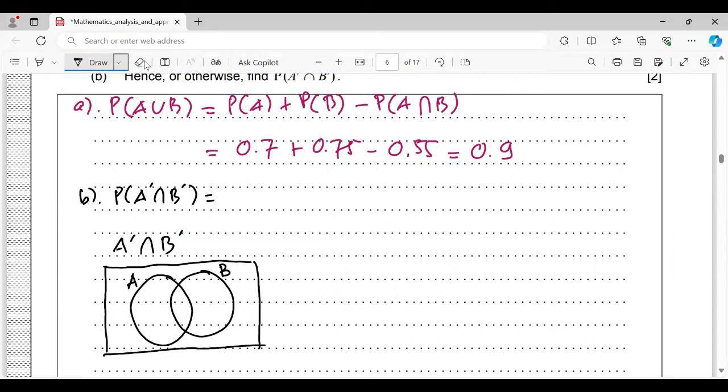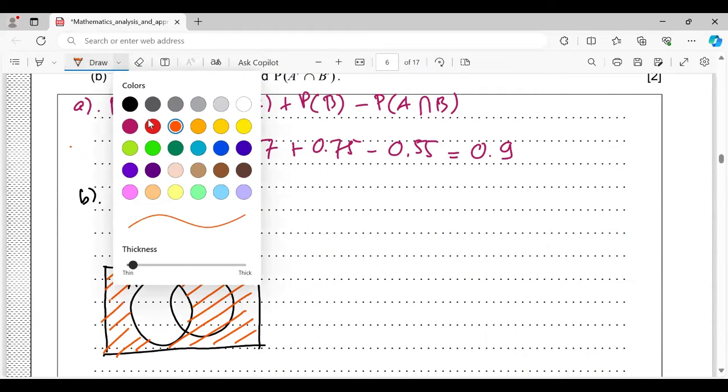Now, non-A means all of the elements out of A. This area is the area out of A. And area non-B, I'm going to draw with this color.